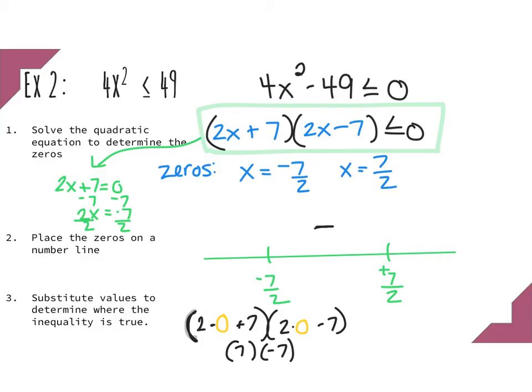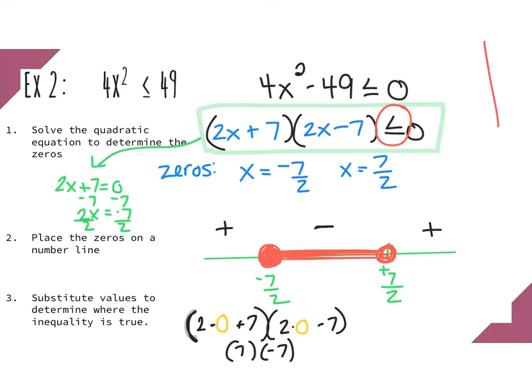So it's going to be negative in between, which means it has to be positive going outward. So the question here then is, where is this less than or equal to 0? All right, by this symbol. So that's in between, but since it's equal, it's a closed circle because it's equal to it right there. So I'm going to shade this region in between.